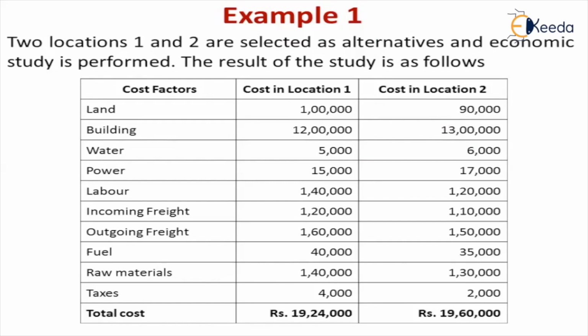In location 1 it is around 19 lakhs 24,000 and in location 2 it is 19 lakhs 60,000. So immediately, by seeing with respect to the cost, we can say location 1 is the best place to set up that particular industry. But the cost factor alone will not be sufficient. So we have to go for the other factors also.